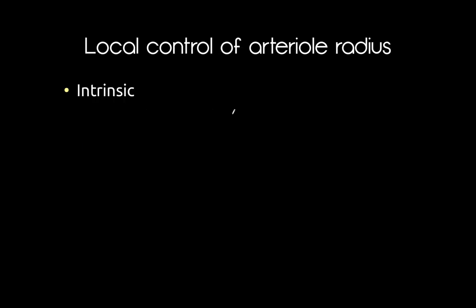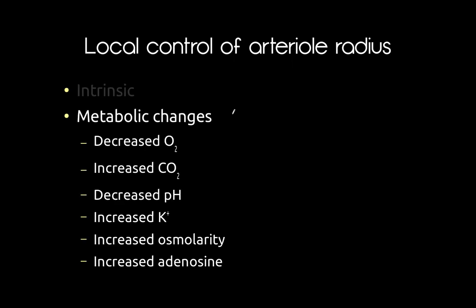Okay, so let's talk about different ways that we can control the arteriolar resistance via the smooth muscles. There are different factors that are going to play into that. The local ones are called intrinsic factors. Some of these are going to be metabolic changes. We're going to get relaxation, or vasodilation, of these smooth muscles with several metabolic changes.